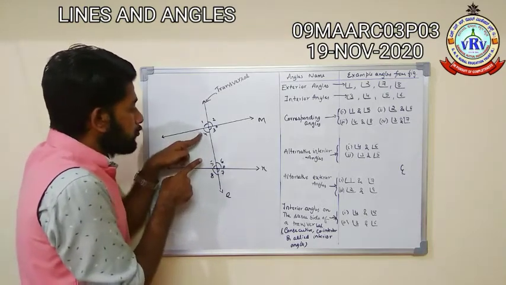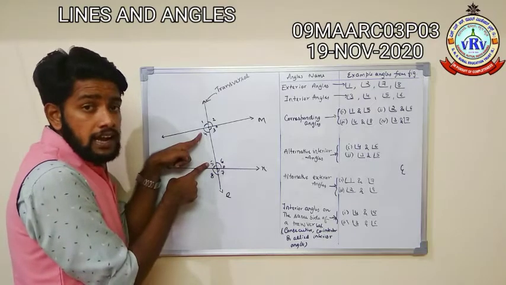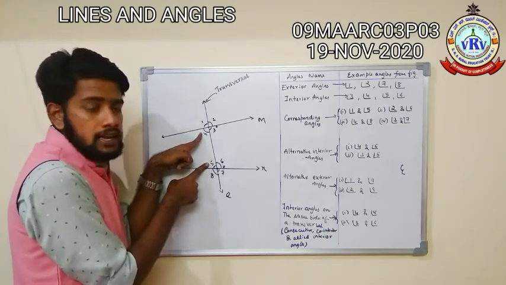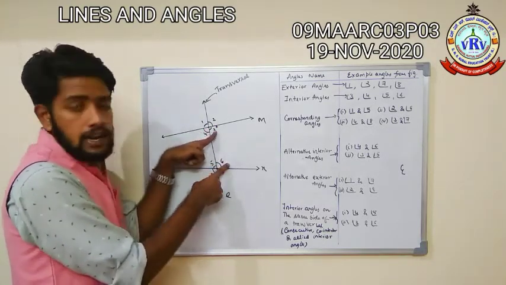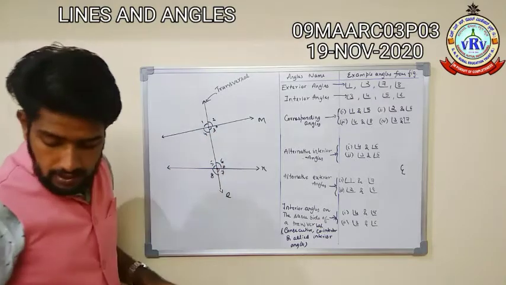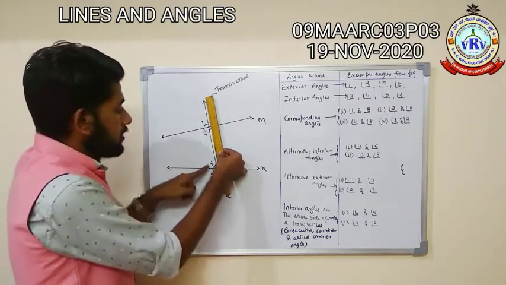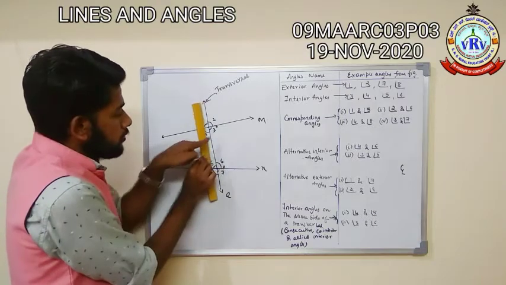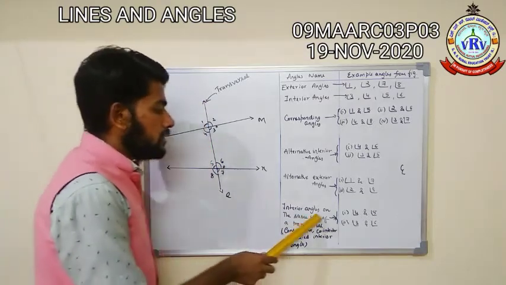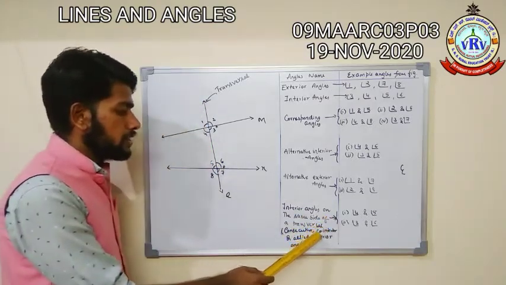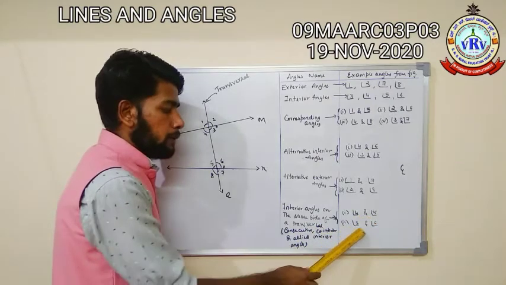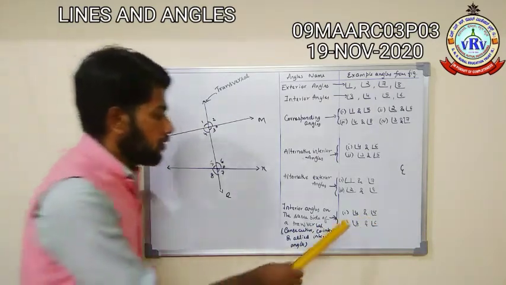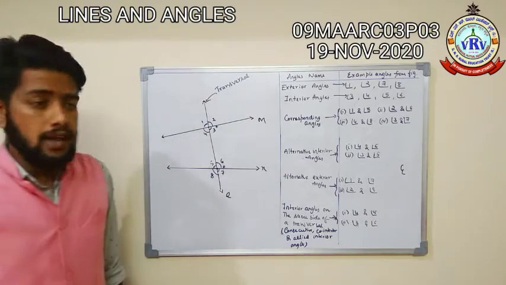Let me take 4, the interior angle on the same side is 5. For 3, the interior angle on the same side is 6. Therefore, interior angles on the same side of the transversal are 4 and 5. Second pair is 3 and 6.